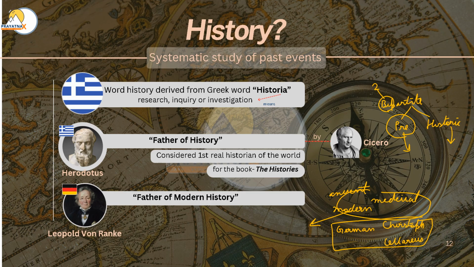The time period for the prehistoric period is mostly considered as 300,000 BC and 600 BC for historic. Now, this is 600 BC till date.